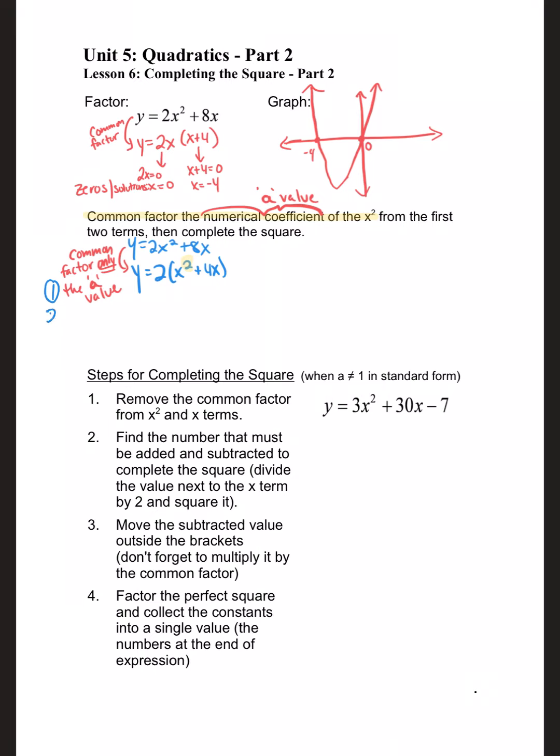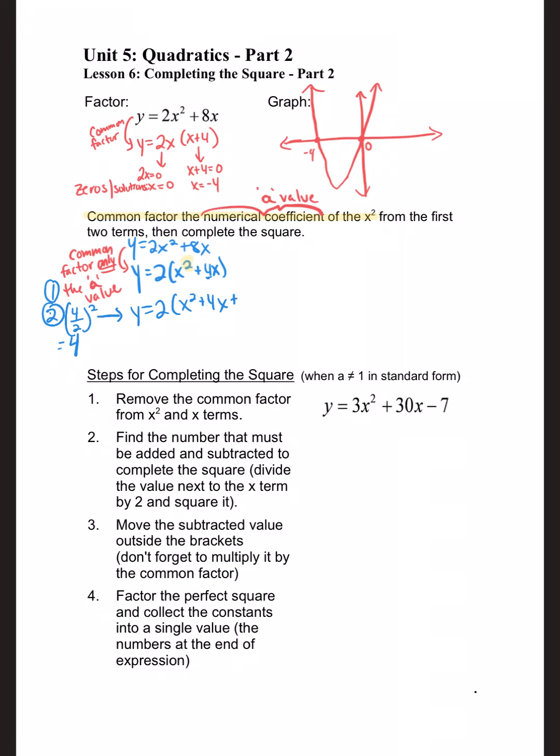Step 2. We're going to take that b term, just like we did yesterday. We're going to cut it in half, and we're going to square it. And then that's going to get added to my equation. So we're going to have y equals 2, and then x squared plus 4x. If we take 4 divided by 2 and square it, well, 4 divided by 2 is 2, and 2 squared is 4.